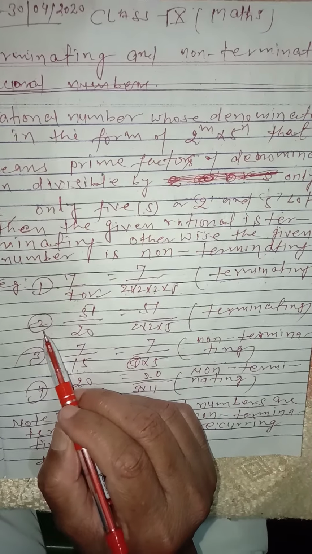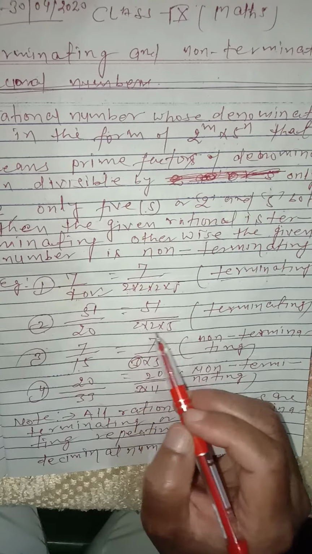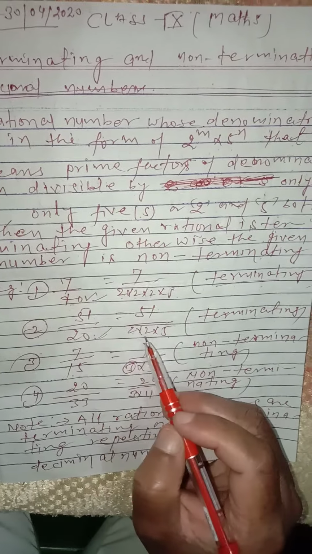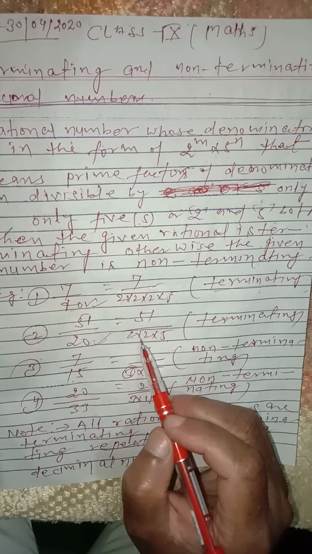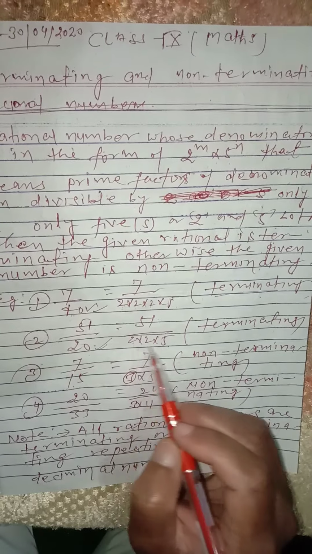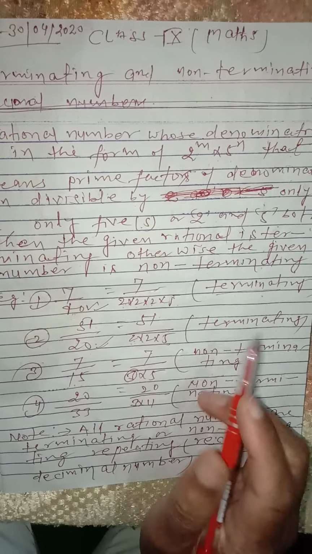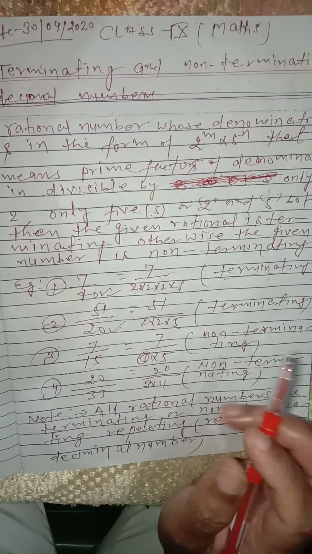Example number 2, 51/20 equals 51 over 2 into 2 into 5. The prime factors of 20 are 2 into 2 into 5. The prime factors have only 2 and 5, no other numbers. So 51/20 is also a terminating decimal number.